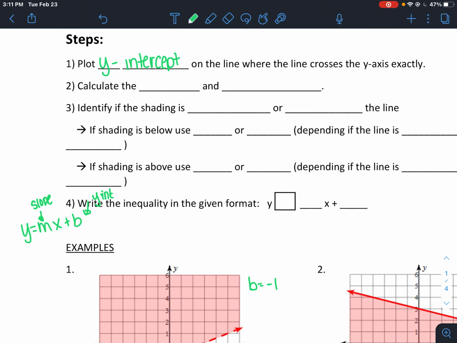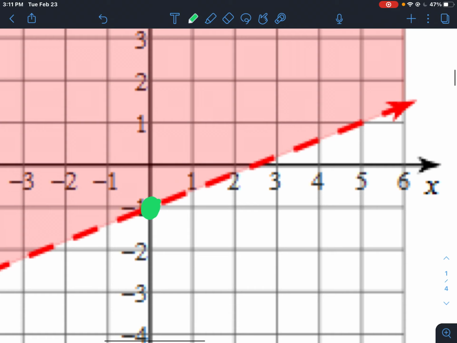Okay, step number 2. From that point, we are going to calculate the rise and the run. From this y-intercept point, I'm going to calculate rise and run to the next nice point. This is a nice point because it crosses my grid lines exactly. I'd go up, how much? I can't really tell, but when I look at the grid lines, I'm going up 1, that's too big, 1, 2.